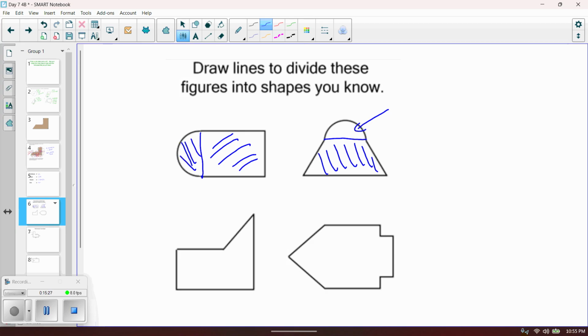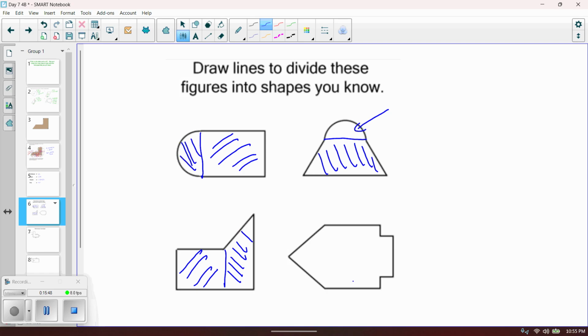The one on the bottom, if I simply draw a straight line down, I'd have a rectangle over here and a trapezoid over here. There are multiple ways you could have split that one up. You might have come up with a different way, but that's just the way I saw.